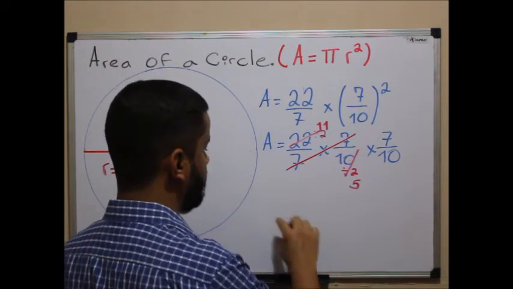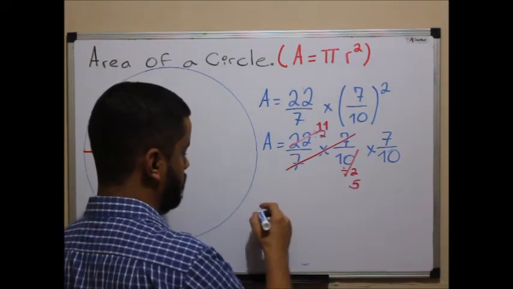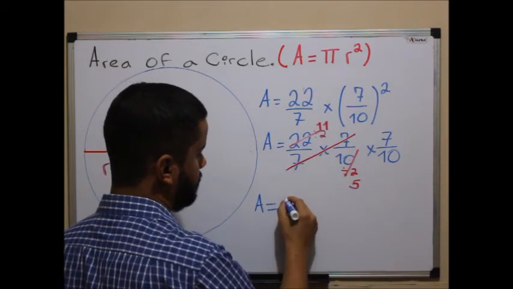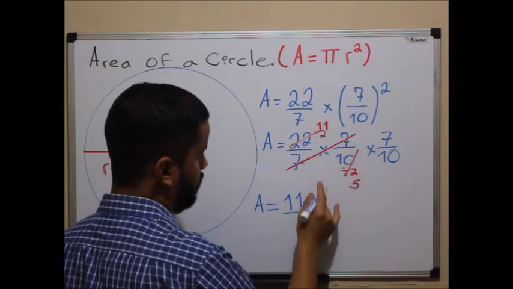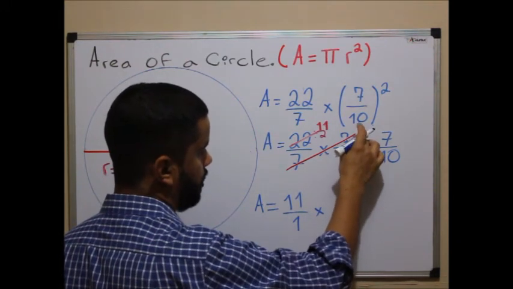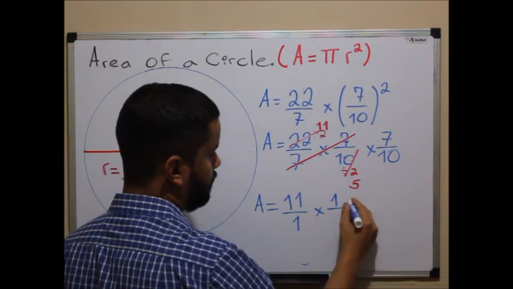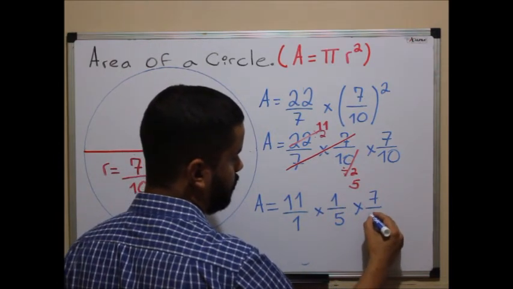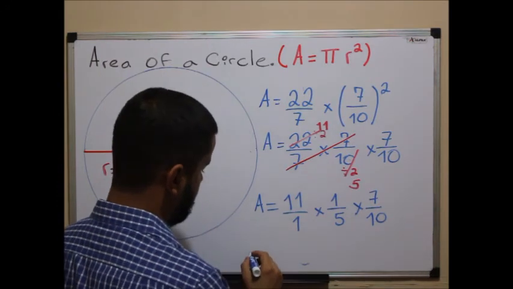So we're going to write on clean our new expression, having area equal 11 over, we're having here a 1, times, we're having there a 1, over 5, times 7 over 10, like that.